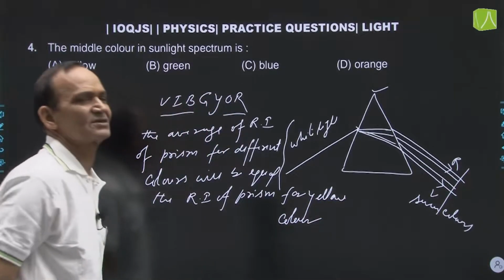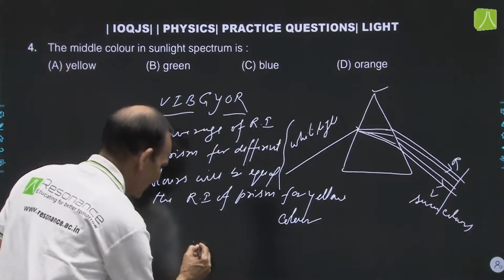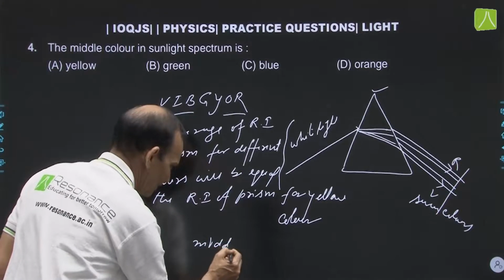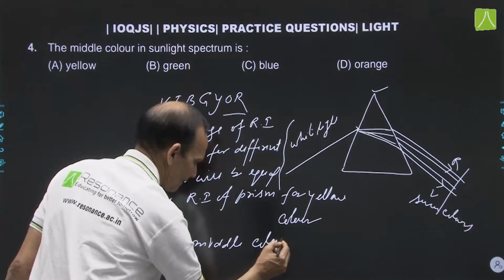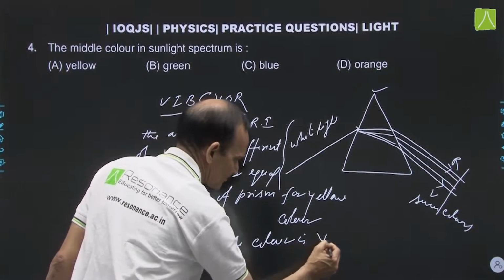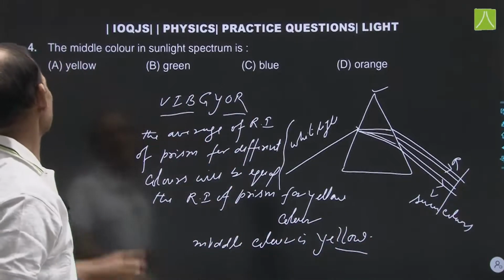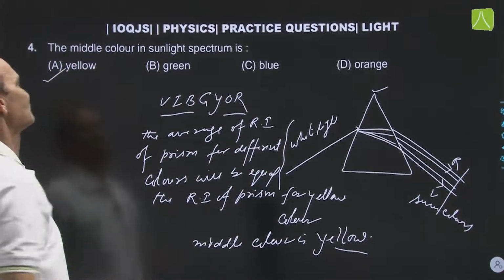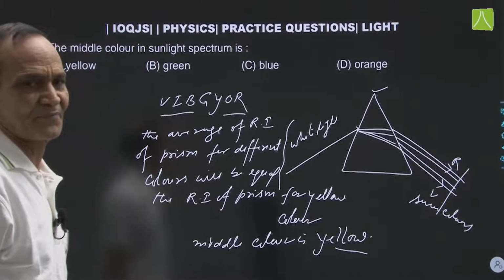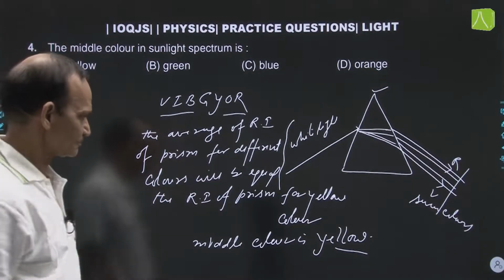So the middle color is yellow. So the correct option is A. This was question number 4. Now the next question.